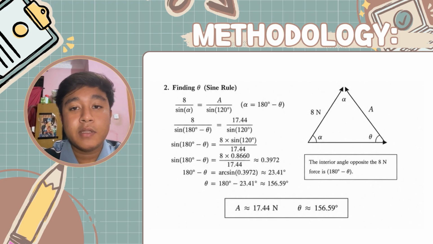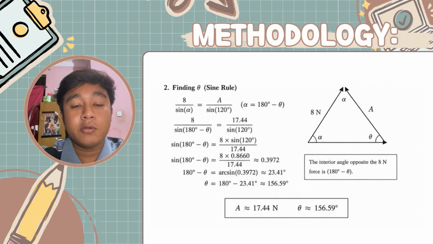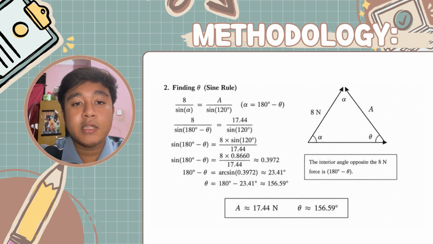So, sine of 180 degrees minus theta equals 8 multiplied by 0.8660 divided by 17.44. Sine of 180 degrees minus theta is approximately 0.3972. Taking the inverse sine, 180 degrees minus theta equals the inverse sine of 0.3972, which is approximately 23.41 degrees.